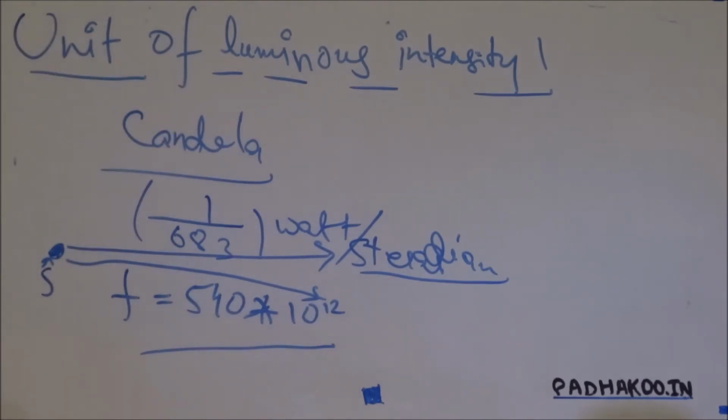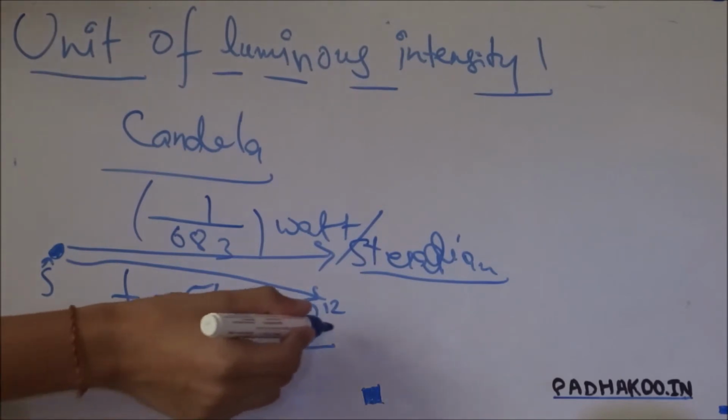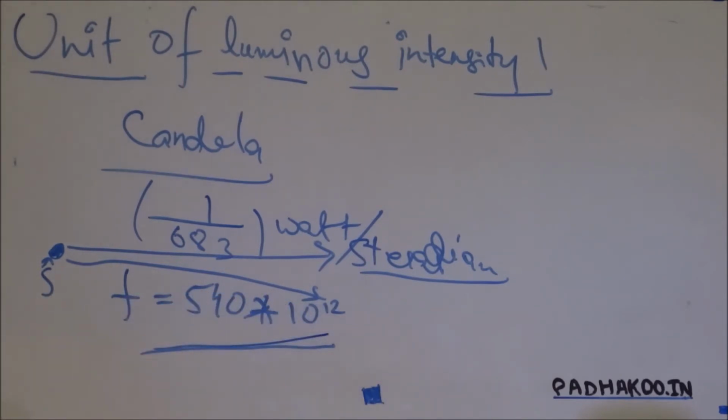So let's define it once again. 1 candela is the luminous intensity in a given direction of a source that emits monochromatic radiation of frequency 540 into 10 to the power of 12 Hertz, and that has radiant intensity in the direction of 1 upon 683 watt per steradian.